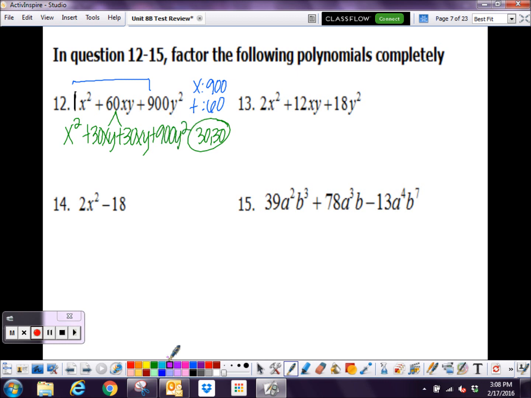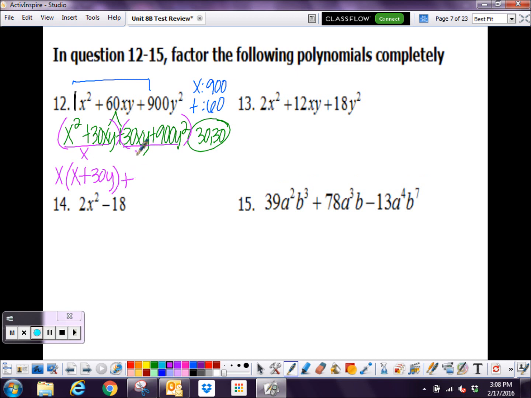And really, if you just do it this way, you'll always get it right. So you might as well do it the long way. All right, now I'm going to group. If I look at my first group, they have an x in common. If I take an x out, that leaves me with x plus 30y. Bring the plus sign down.